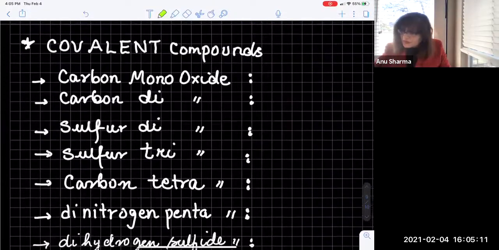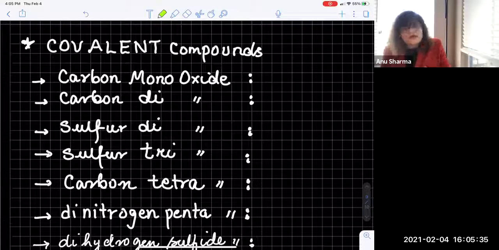Next comes the covalent compounds. For the covalent compounds, we use the prefixes mono, di, tri, tetra. These are reserved only for covalent compounds, so do not use mono, di, tri, tetra terminology for ionic compounds.